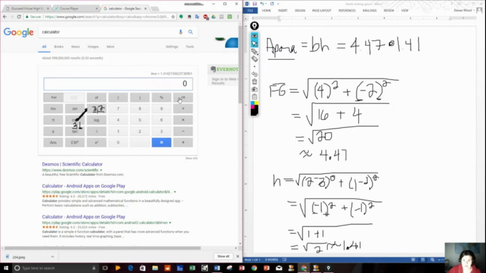So then we're going to come here, 1.41 times 4.47. That's 6.30. They want it rounded to the nearest tenth. So is 30 closer to 30 or closer to 40? And it's closer to 30.